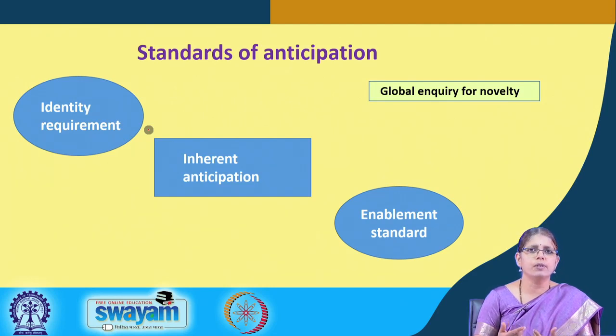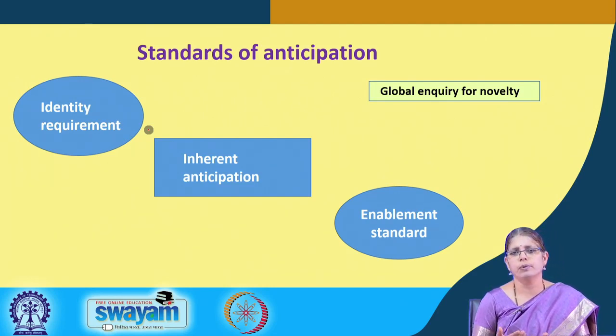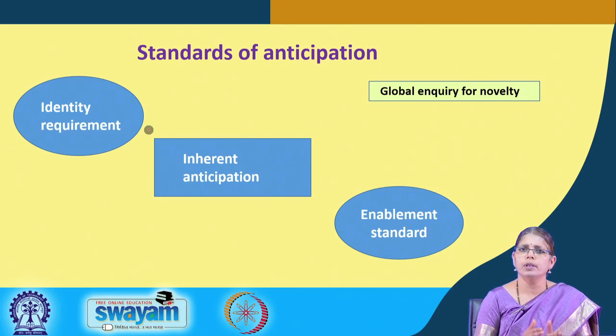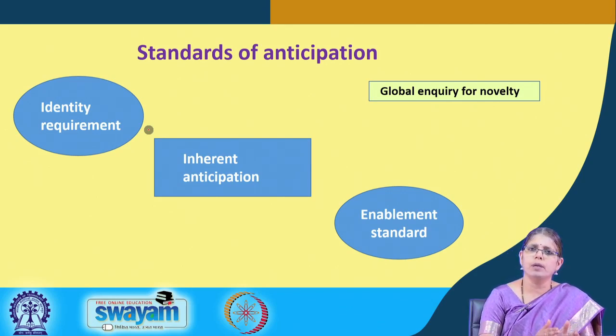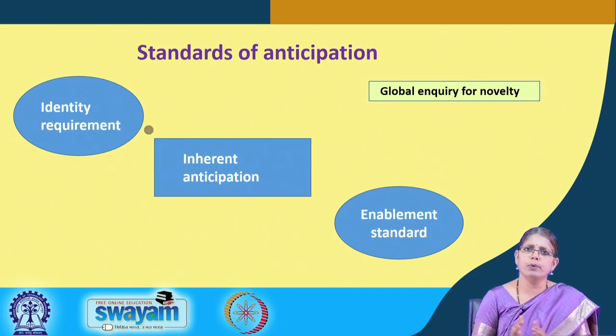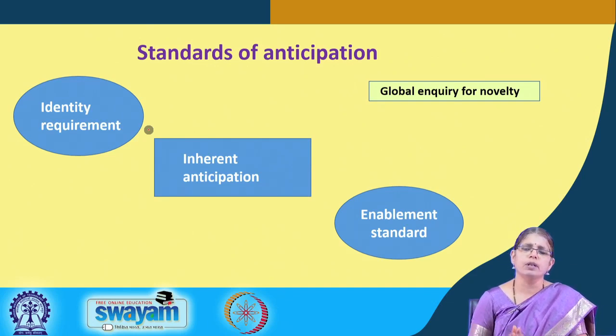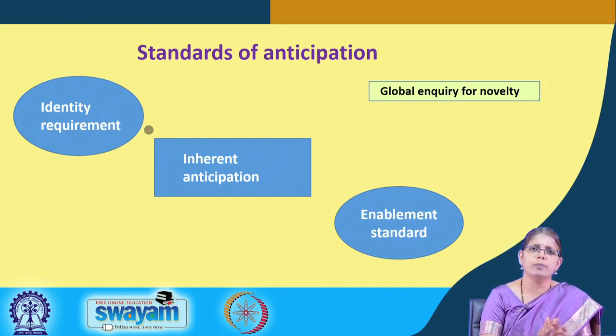So, there are 2 conditions which will be necessary to look at from the point of view of whether a prior disclosure comes under the purview of what we call the enablement standard for novelty. One is in which case, let us imagine there were 4 elements in your invention and those 4 elements are there in the prior art. If by general information you are able to construct the 4 elements, then we can say that enablement standard is met.